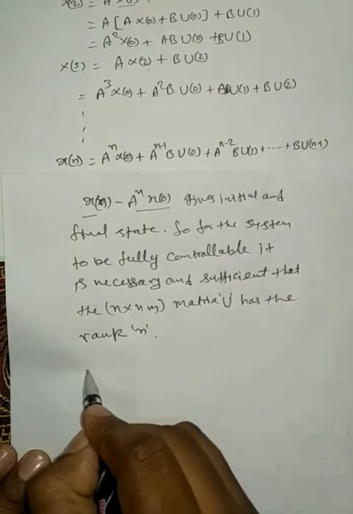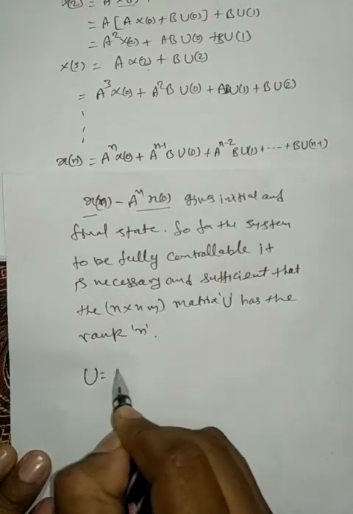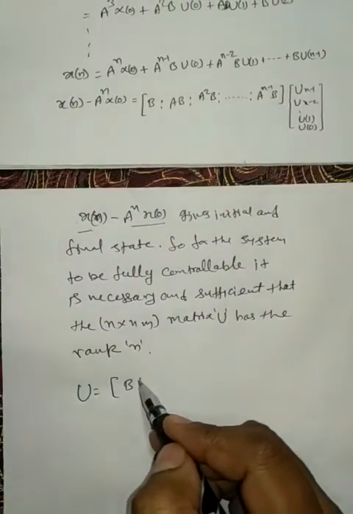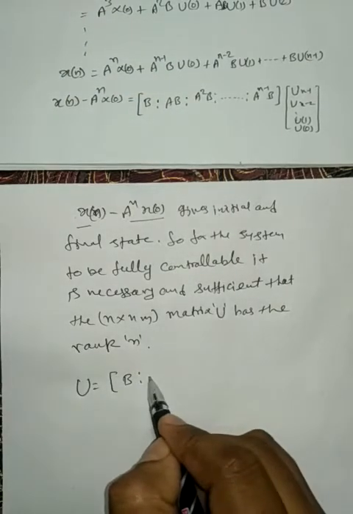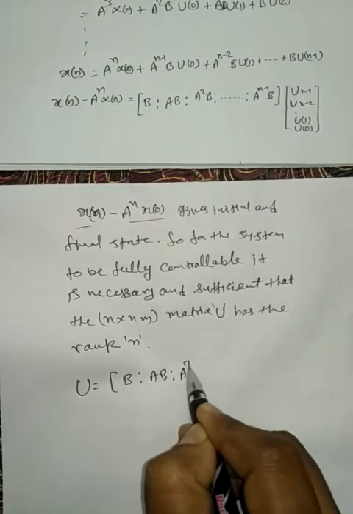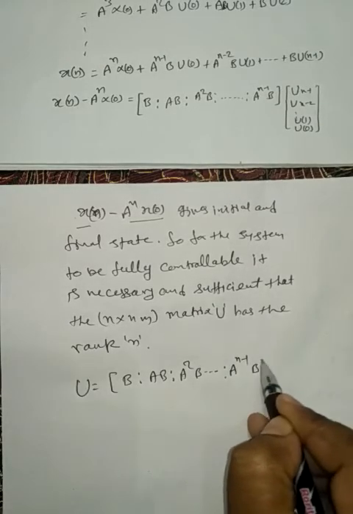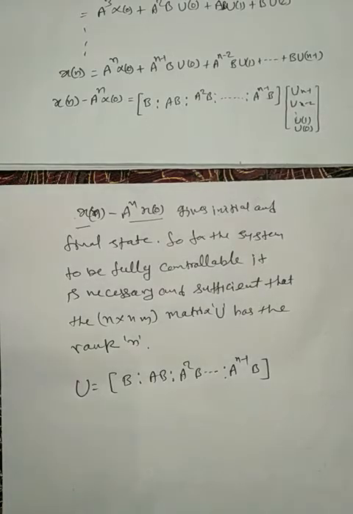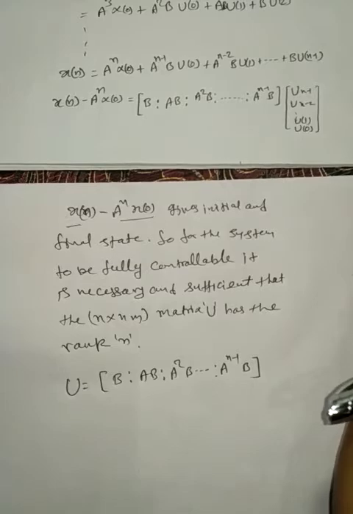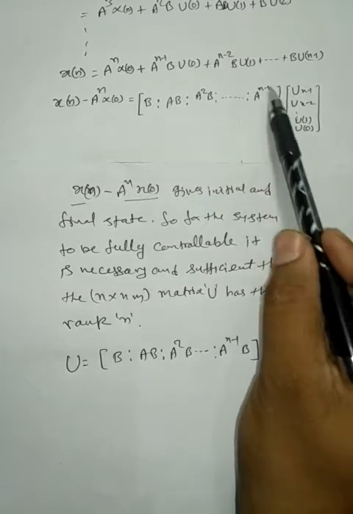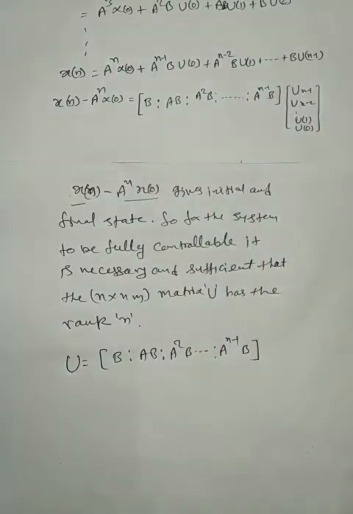And what is the n cross nm matrix U? It is B, A B, A square B, and up to A raised to n minus 1 into B. Means for the system to be fully controllable, it is necessary and sufficient that this matrix has the rank n.